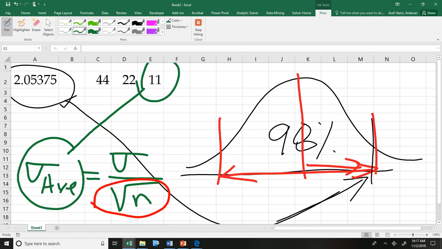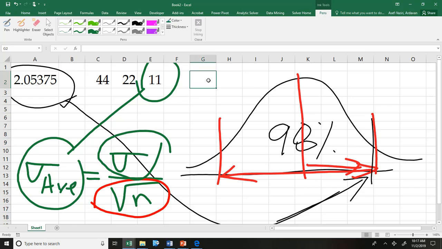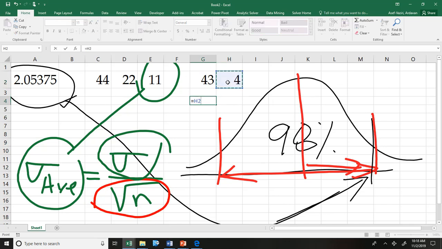But I also have sigma. If I go back, sigma of the sample is 43. So I type 43 divided by the standard deviation of the average, which gives square root of n. Therefore, all I need is to square that, and that is 16, the sample size.